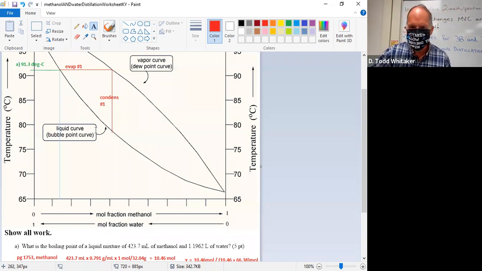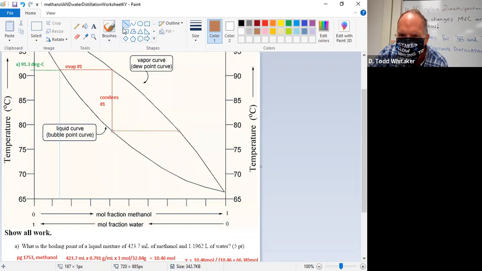Now we do the same deal. We'll do a new color, go brown with our line tool. Start there. There's going to be evaporation number 2 and condensation number 2.